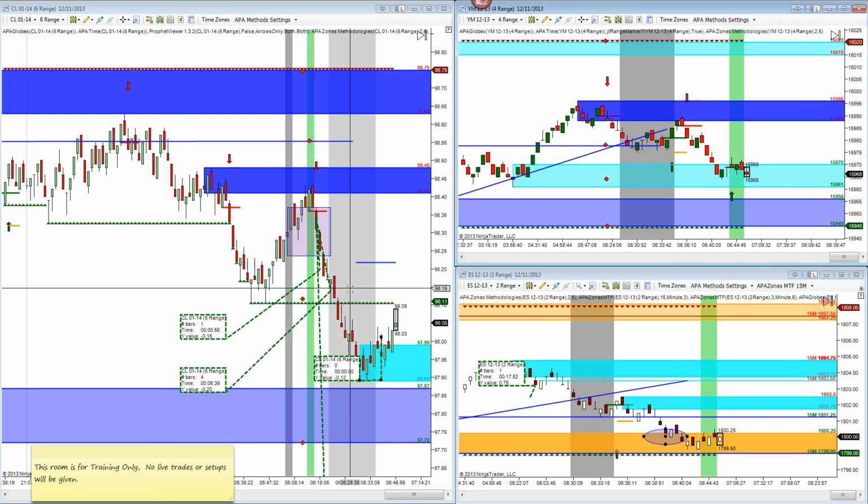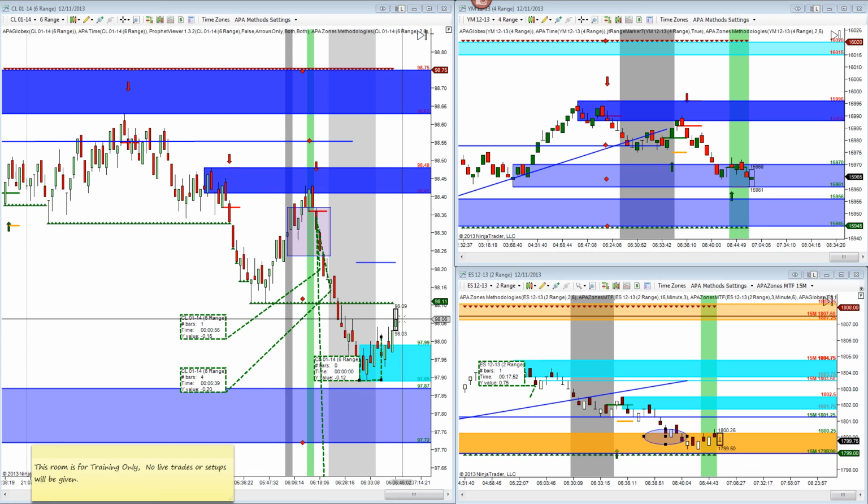So I kind of feel like price is stalling out here at the Globex low. So I'm kind of curious to see if we get the proper price action for a downwards play or not in continuation of the trend.